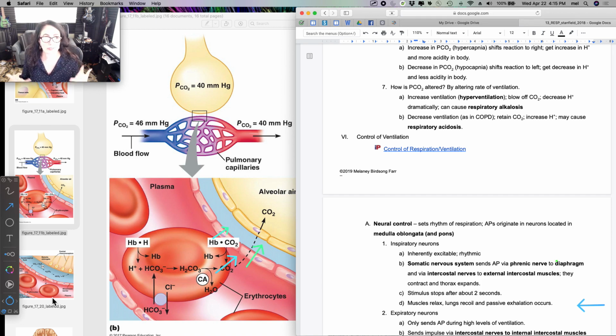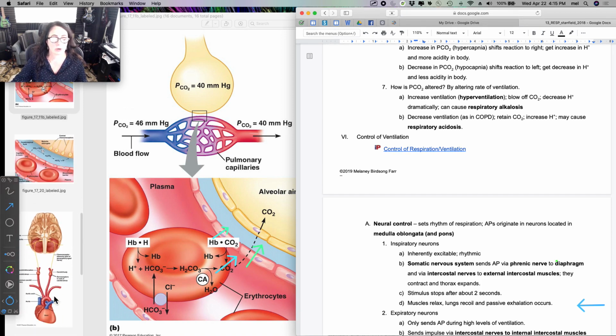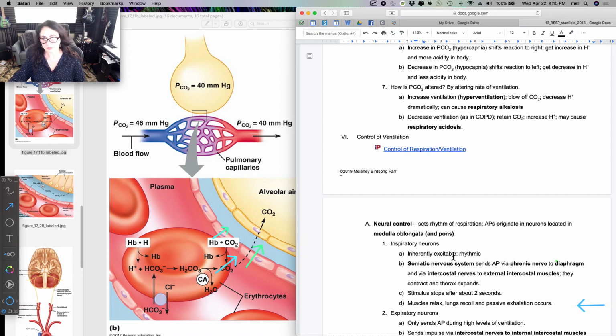So here's what happens with nervous control of inspiration. With nervous control of inspiration, your inspiratory neurons are inherently excitable and rhythmic. The action potentials that will cause ventilation, inspiration, originate in the medulla oblongata and the pons.